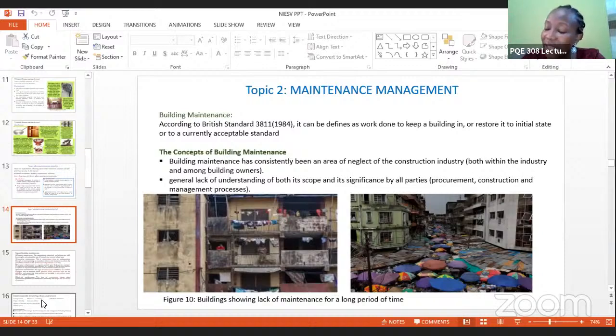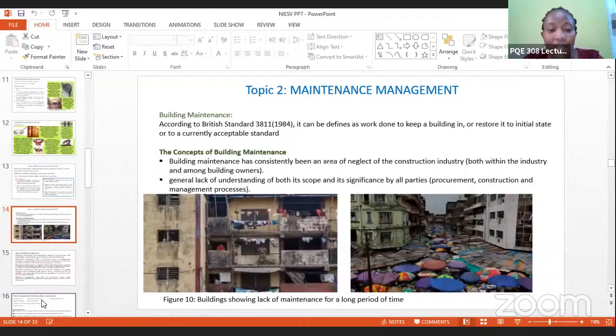So if they are not being maintained, even a road, any structure for that matter, they are not going to stay up to their proposed useful lifespan. But I say this, we don't have that maintenance culture in Nigeria. Or let me say we are now developing it.